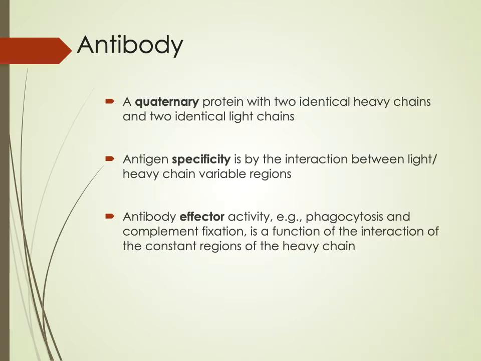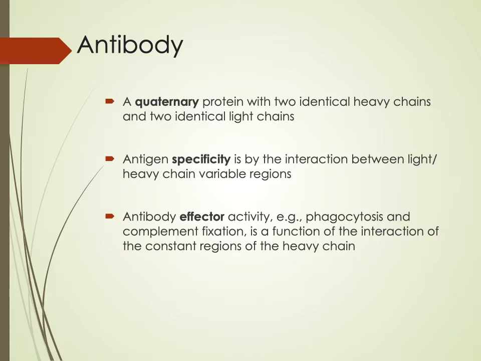So looking a little closer at antibodies, and you may have looked at antibodies in more detail in a different course, they're going to have quaternary protein folding. We actually end up having two heavy chains that come together and two light chains that come together. We'll look more closely at what this looks like in our next slide.